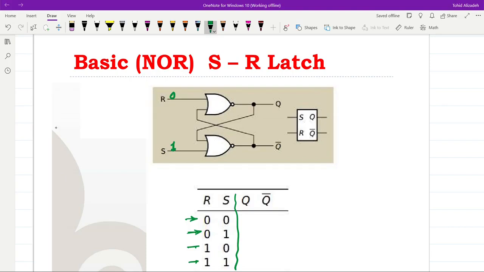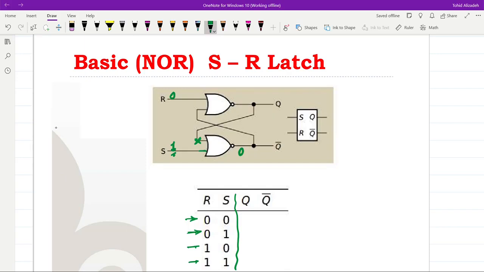Since 1 is the input to the second NOR, its output will be equal to 0 regardless of the value of Q. So whatever value we had for Q in the past, if we apply 1 to the S input, the output of that NOR gate will become 0.